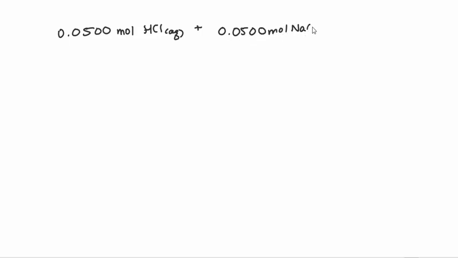And when I have that, 2.9 kilojoules of heat are produced. Then what is the delta H for 1 mole of acid that reacts with 1 mole of sodium hydroxide?